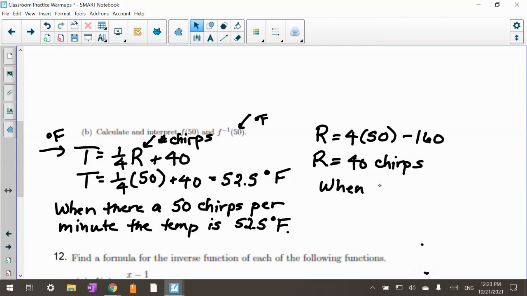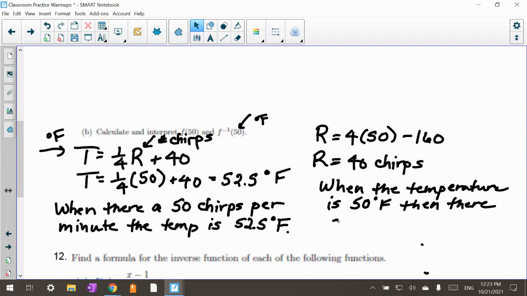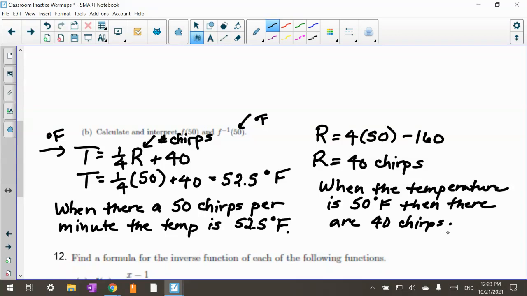When the temperature is 50 degrees Fahrenheit, then there are 40 chirps per minute. I'm writing and it's not writing, guys. Sorry about that. It's like I told you, my pen's acting weird. Chirps per minute. Okay? So there's one of the word problems that I wanted to make sure you had to do.